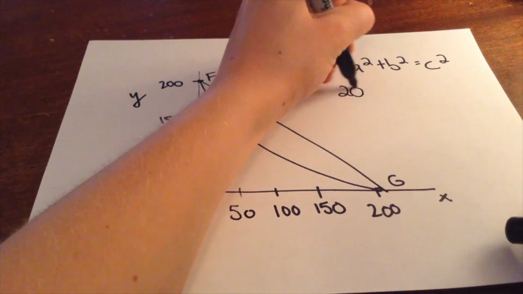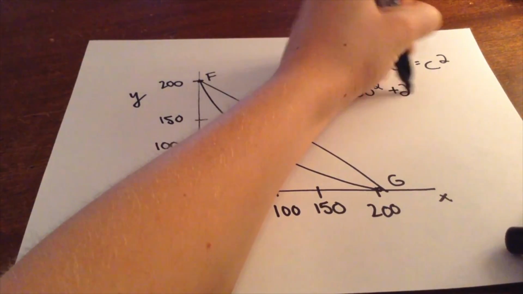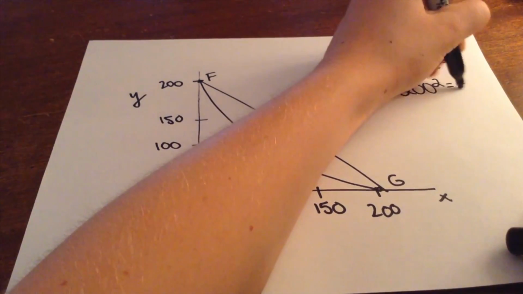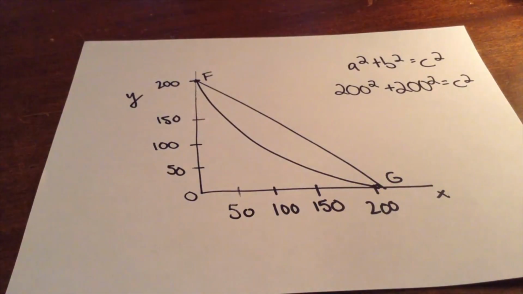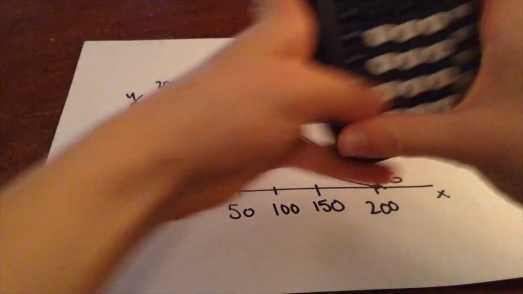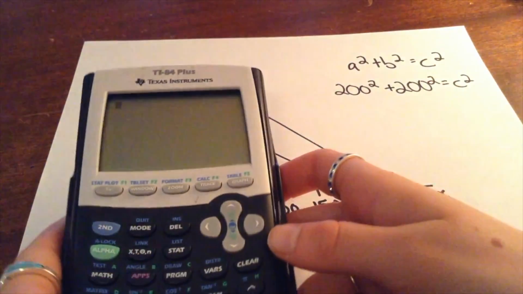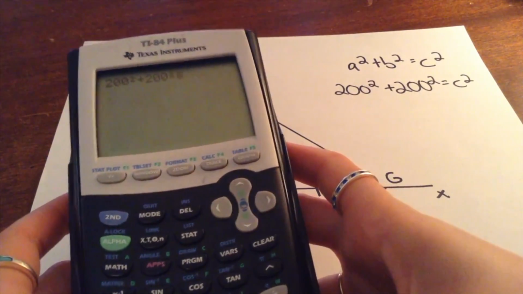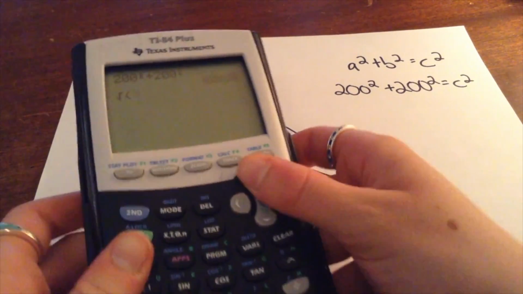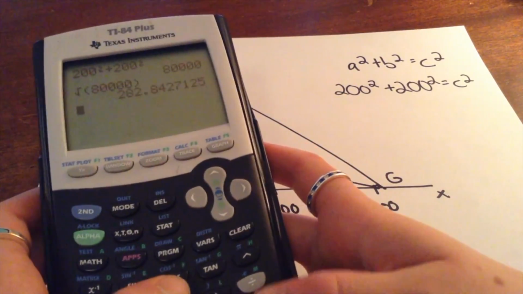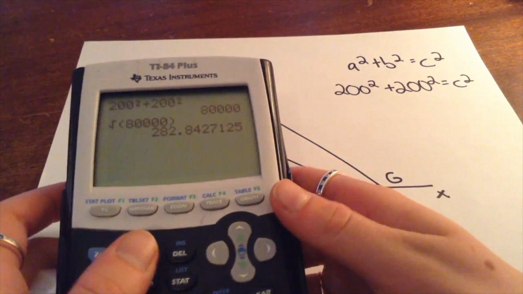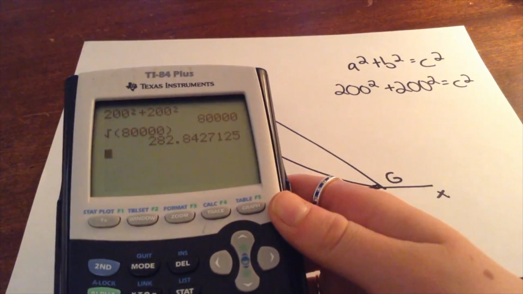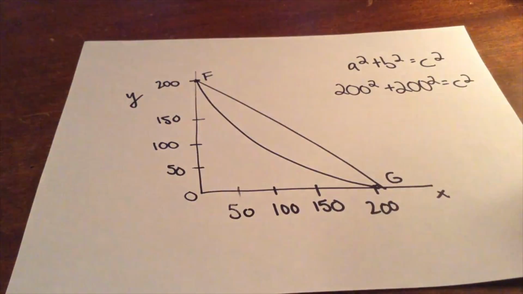So it would be 200 squared plus 200 squared equals c squared. At this point, I would plug it into your calculator: 200 squared plus 200 squared, and then you take the square root of that to get c. So c would equal 282.8, which on the answer sheet would round to 283. So that would be D, 283.